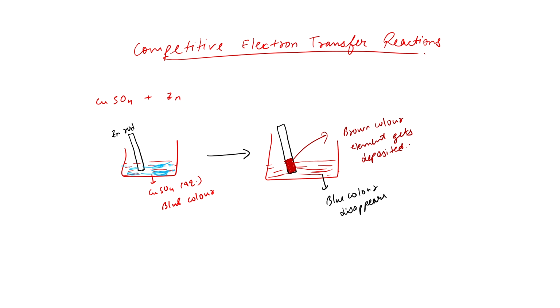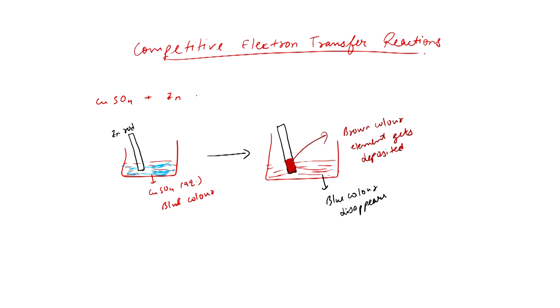Now, we will discuss what the actual reaction is behind this. When you add a metallic zinc rod in the copper sulphate solution, this zinc goes to Zn2+, and this Cu2+ goes to copper.